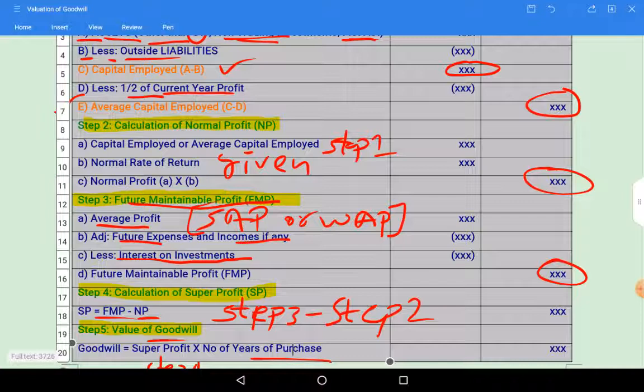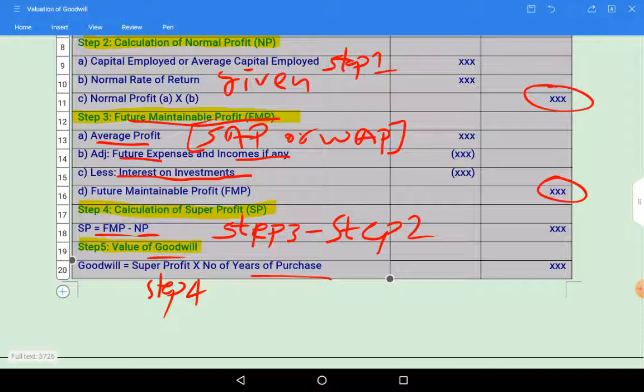From step 3, future maintainable profit, if you deduct step 2, normal profit, you will get super profit, that is SP is equal to FMP minus NP. Then lastly, goodwill is equal to super profit into number of years of purchase.